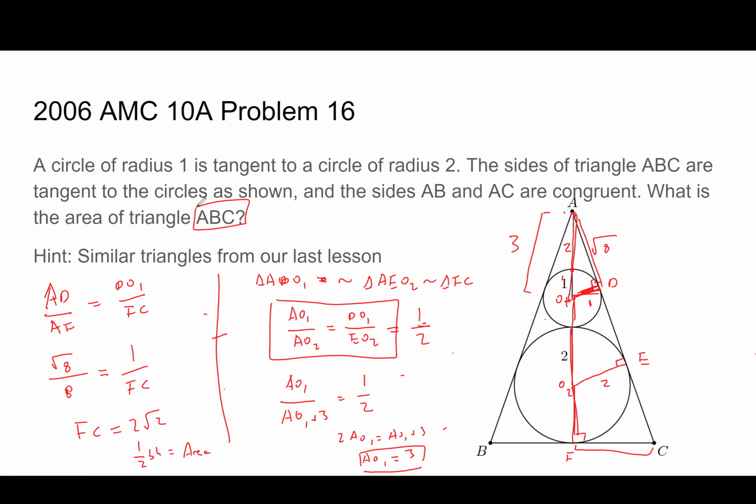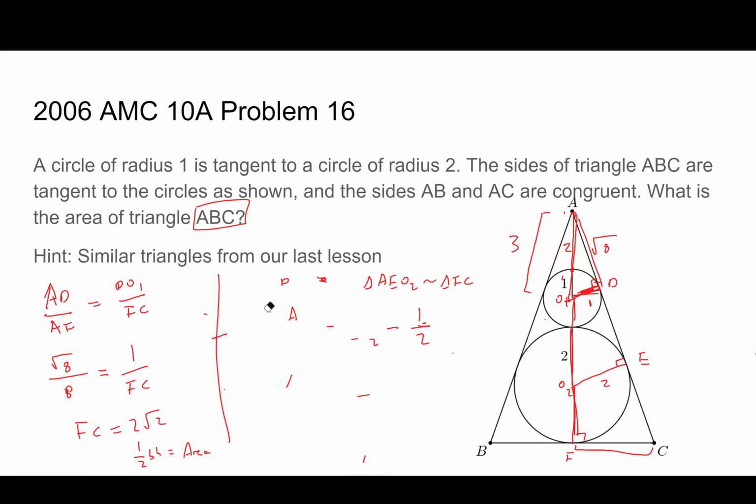So I'm just going to erase this half so I have more space. Gosh. Okay, so I've found FC here, right? Now, the area of the triangle will just be 1/2 multiplied by the base, which is BC, multiplied by the height, which is AF, right?